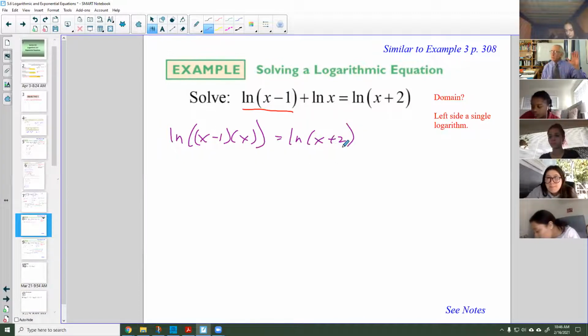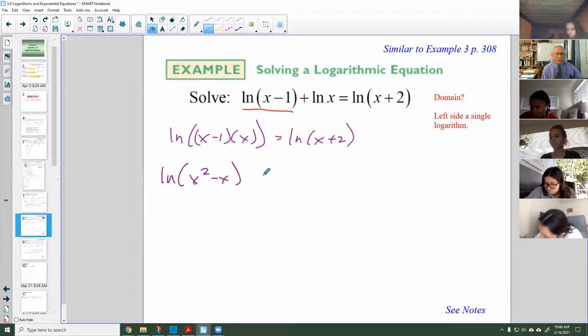Is everybody okay with what I just did there? Using property number 1 of logarithms. Okay, good. So this is ln of x squared minus x equals ln of x plus 2.